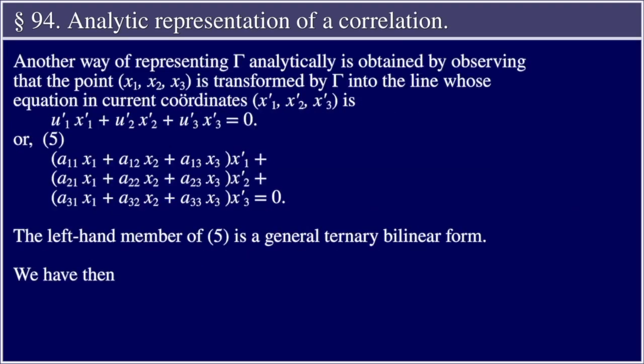Another way of representing gamma analytically is obtained by observing that the point x1, x2, x3 is transformed by gamma into the line whose equation in current coordinates x1', x2', x3' is u1' x1' plus u2' x2' plus u3' x3' equals 0, or equation 5: (a11x1 plus a12x2 plus a13x3) times x1' plus (a21x1 plus a22x2 plus a23x3) times x2' plus (a31x1 plus a32x2 plus a33x3) times x3' equals 0.